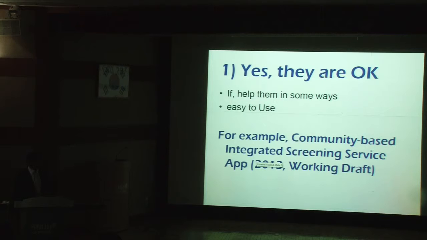And from another case study, we designed an application to be used by elder people at their home for community-based integrated screening. In our traditional way, these elder people receive a notice from our health center. Then they go to the community center to take the screening.